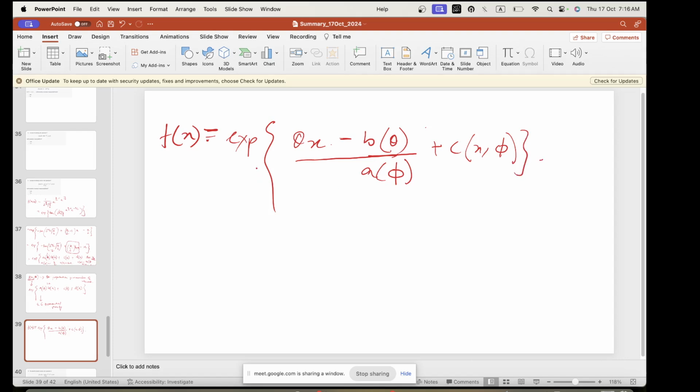Yes. And if I have to find the expectation, then I can just find the derivative of b(theta) with respect to theta, so I will get the expectation. And if I have to find the variance of the PDF, I can just find a(phi) times the double derivative of b(theta) with respect to theta. So from b(theta) I can find the expectation, that is mean, and variance also.